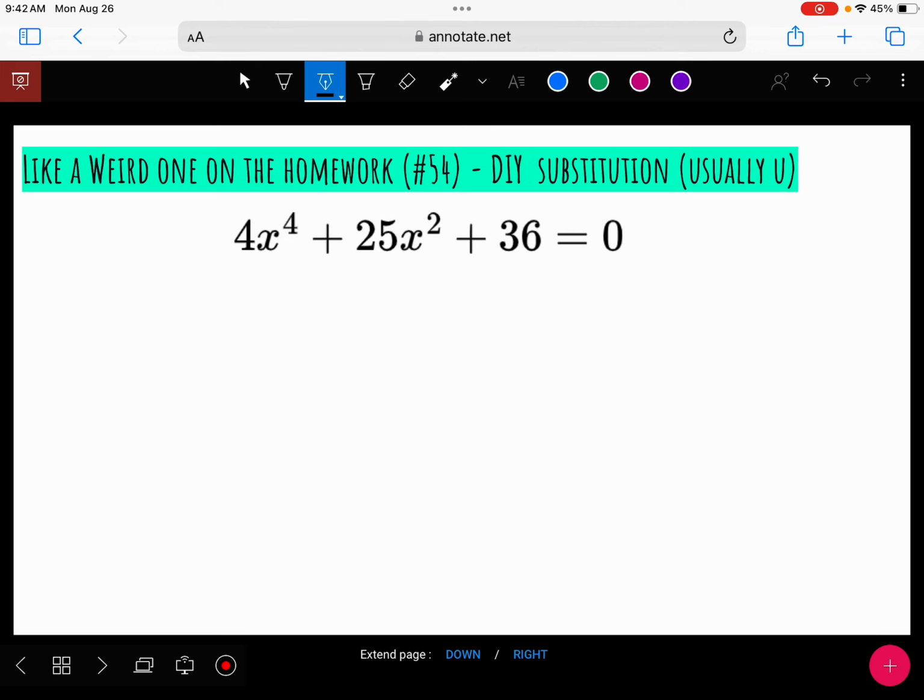You might be able to do it, especially if you've been introduced to doing a U substitution. If that is not a familiar phrase to you, we will do it at the start of the day tomorrow. That'll be our first one we do, and that'll be the very last thing on 2-4. So I'll push the homework back a day since we're not going to touch it before the homework's due. So we'll do number 54 on the homework. Everything else, we've done something like it.